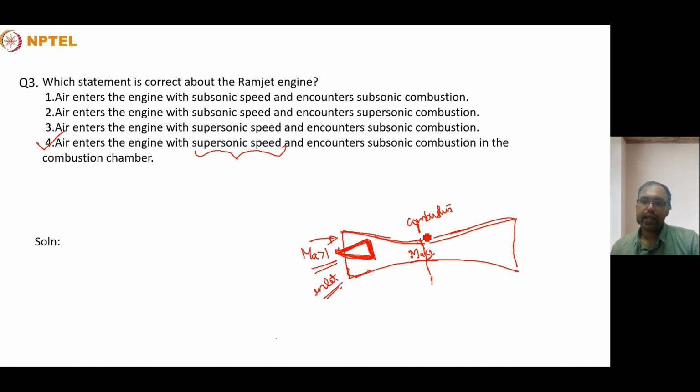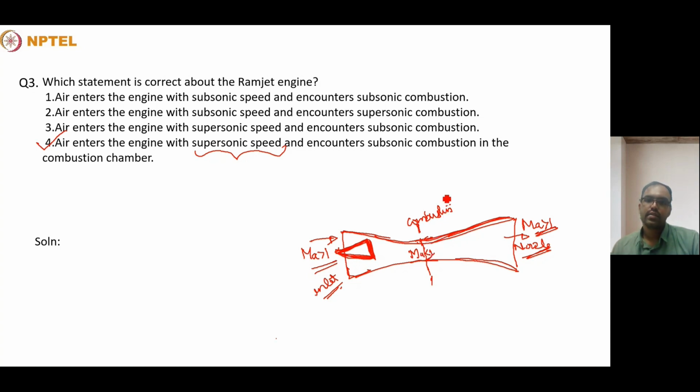And then again its Mach number increases and the diverging part will be acting as a nozzle, which ensures that the Mach number at the exit will be greater than 1, producing greater thrust.